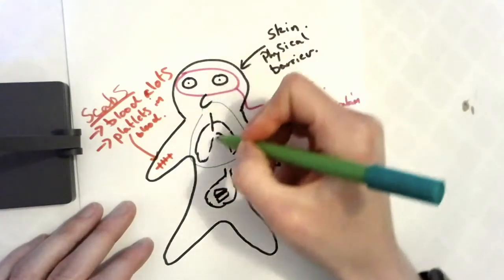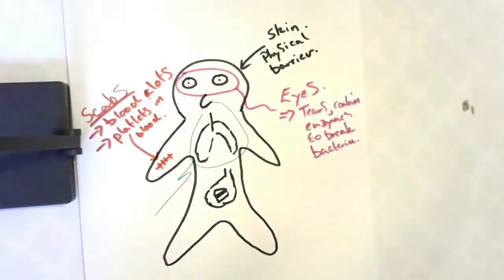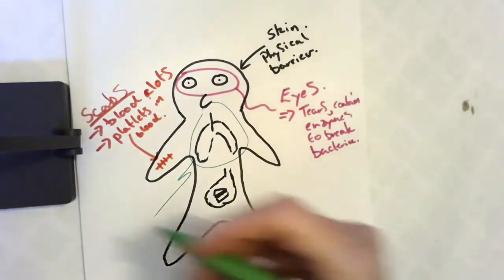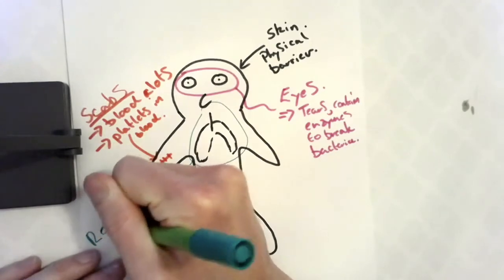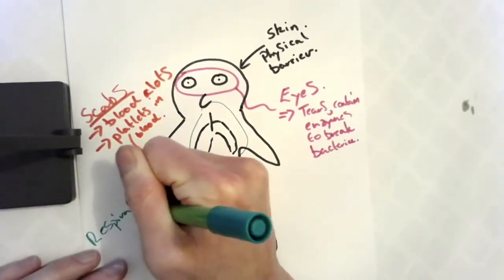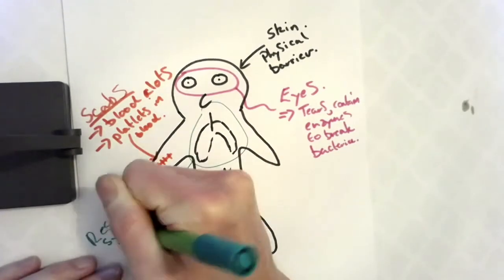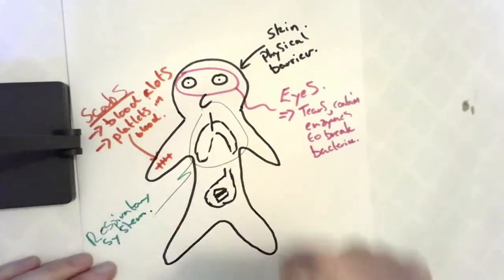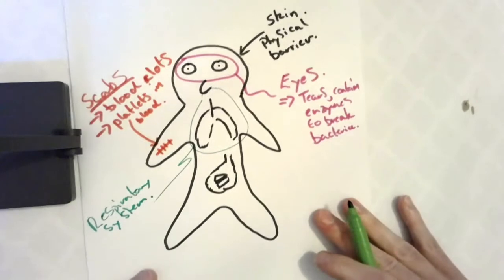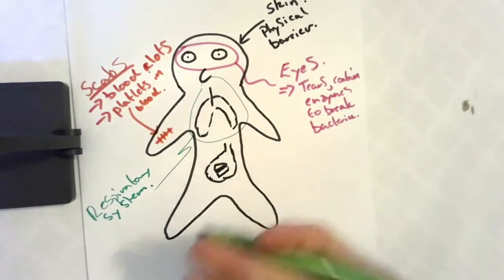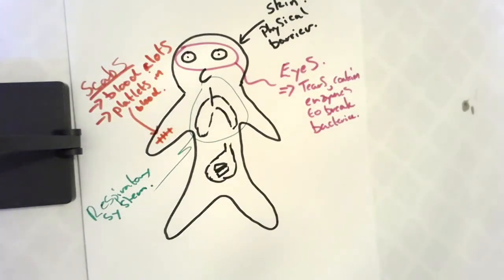So then our other weak point is our respiratory system. Okay, so that's our nose, our lungs, things like that. We can breathe in pathogens very easily, and so our body has ways of protecting us against that.